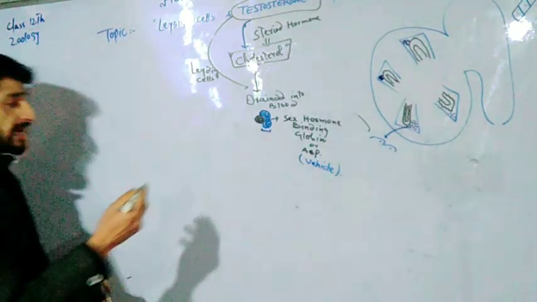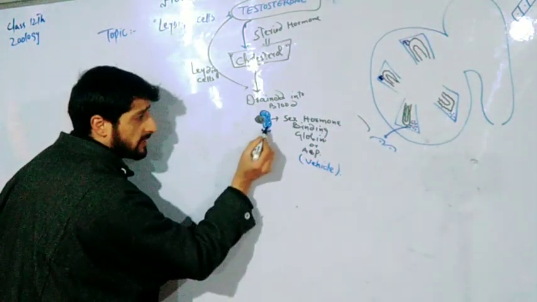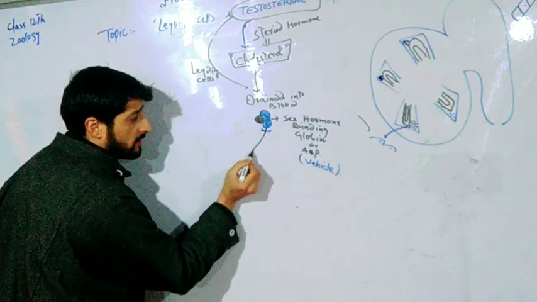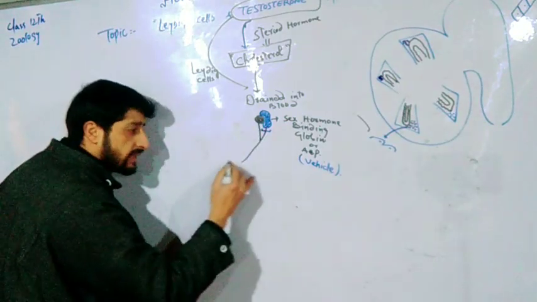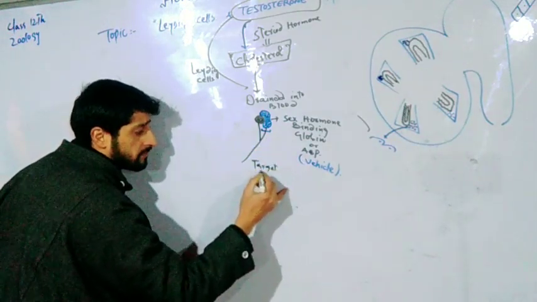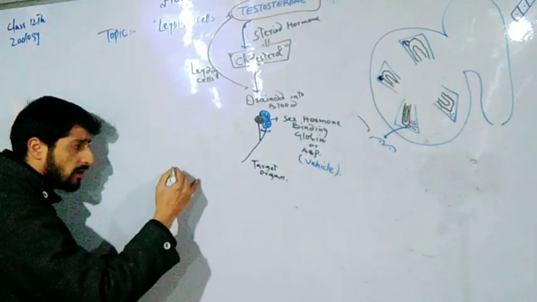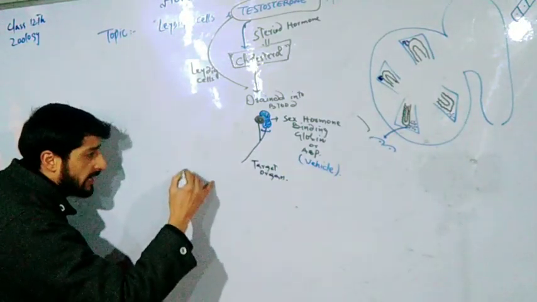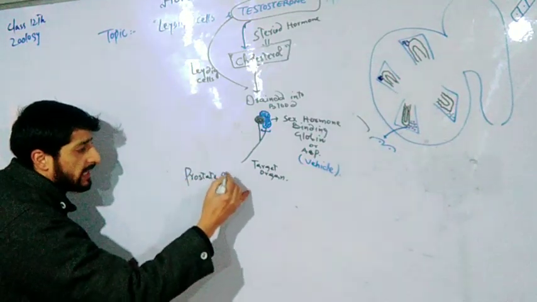Then the next point is like that. This testosterone hormone is carried by the blood up to the target organ. Let us suppose the target organ here is the prostate gland.